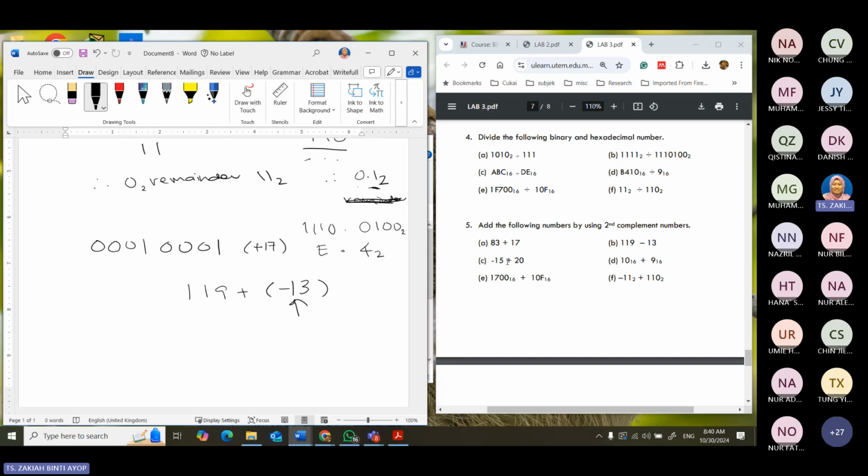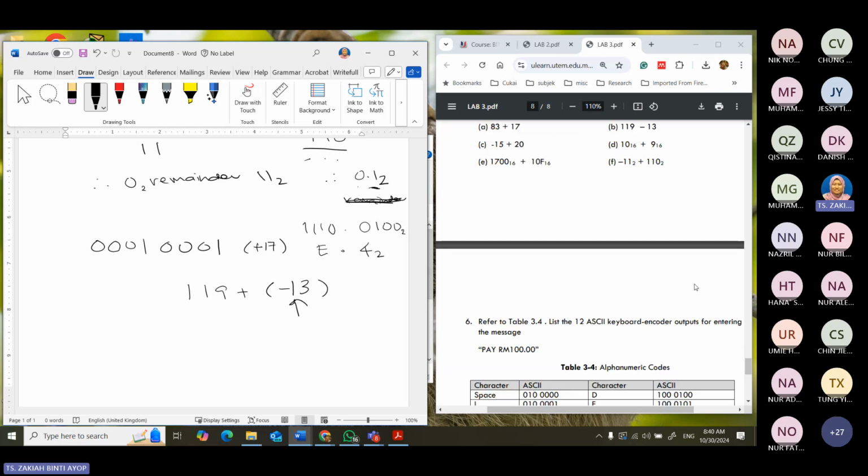What about question C? Negative 15 plus 20. Then negative 15 must be converted to 2's complement. 20, you just convert it to positive binary numbers.